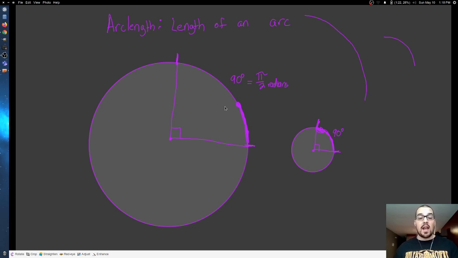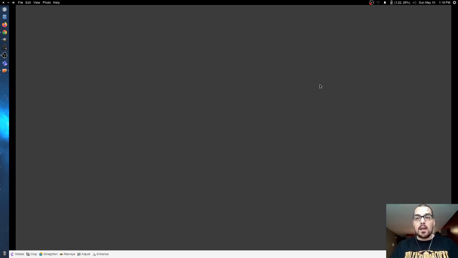You have a circle and it's literally asking you, if I took a length of string and I wrapped it around the circle, how long is that string? Like if I were to actually lay that down on a ruler. Finding arc length is just as easy as finding areas of sectors. You just need to make sure you don't mix it up with its angle measure.